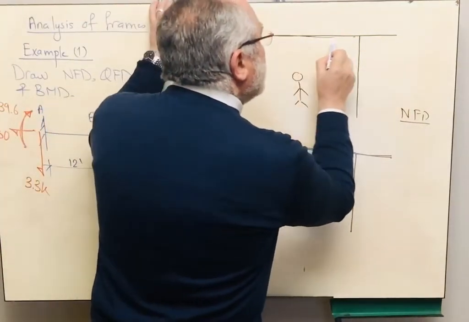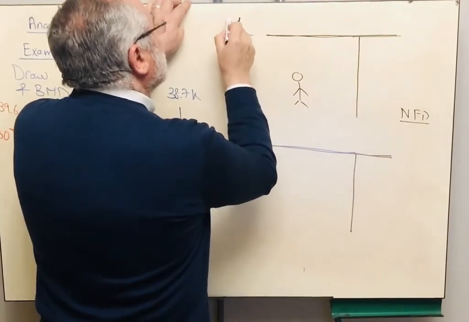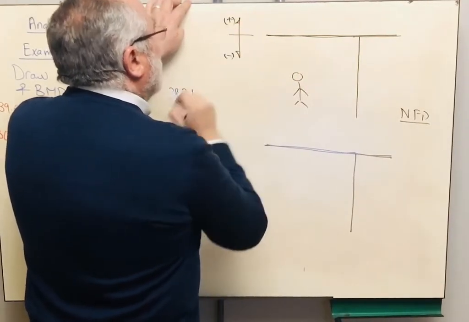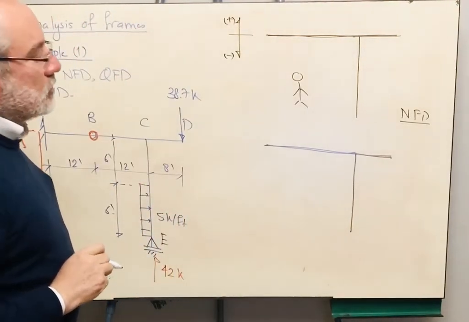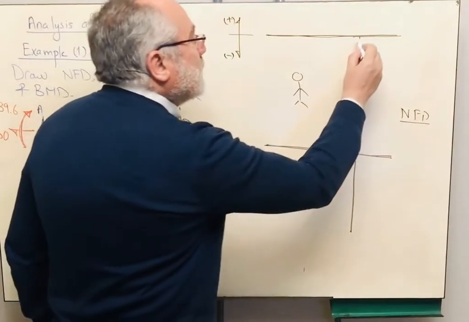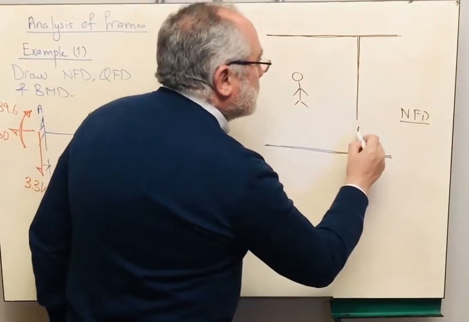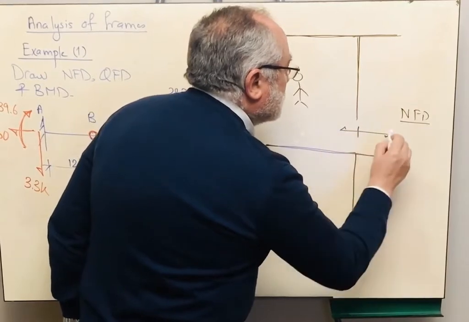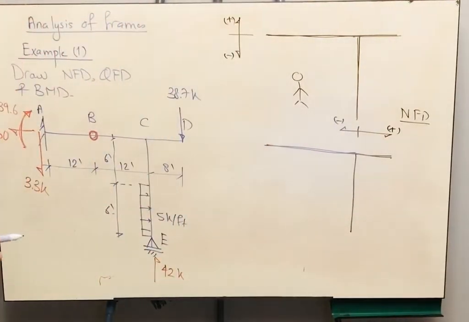So for the beam, the positive normal force will be drawn up, and the negative normal force will be drawn below the datum. And for the column, since we are standing here, so this will be the positive side and this will be the negative side. Very good.